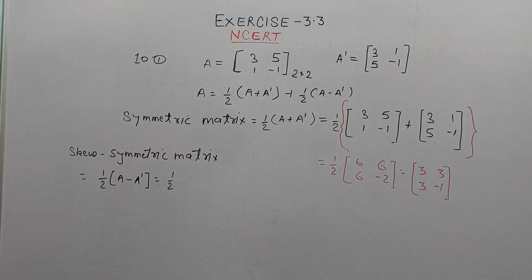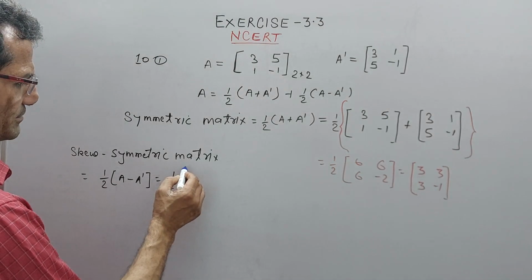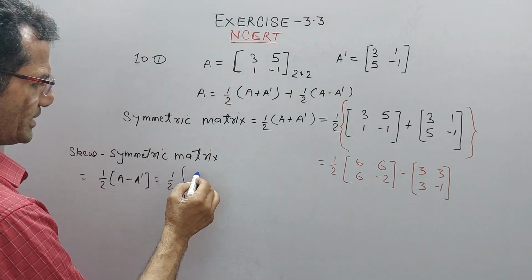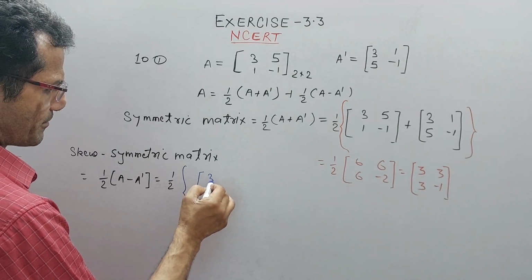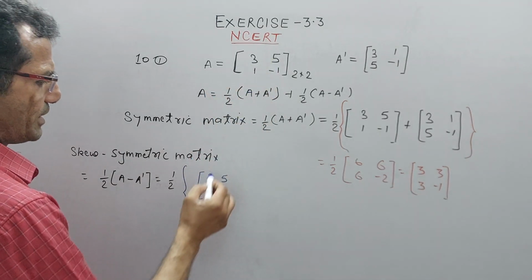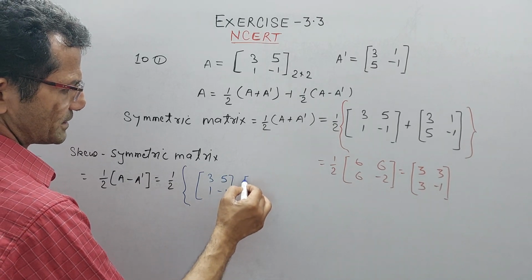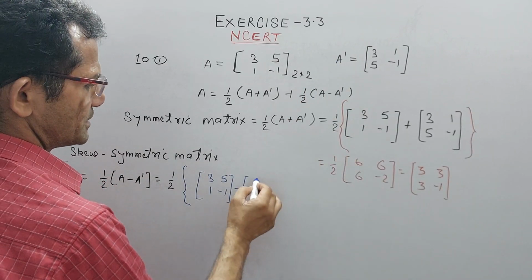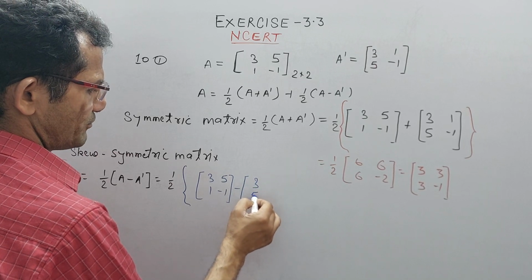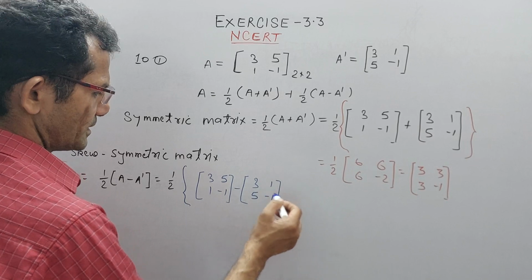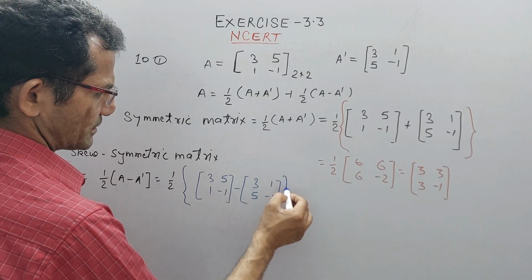Taking it in curly brackets, the first matrix is 3 5, 1 minus 1, minus A transpose, which is 3 1 in the first row and 5 minus 1 in the second.